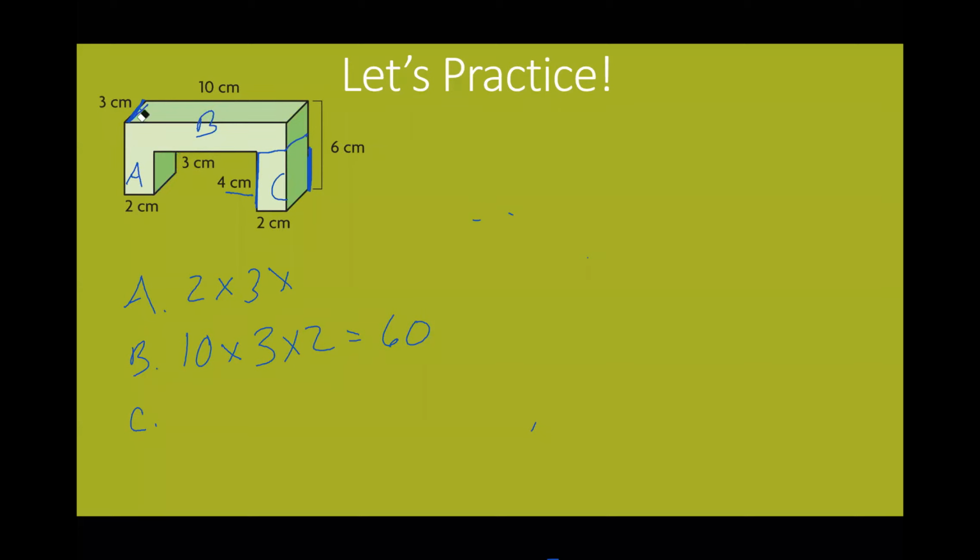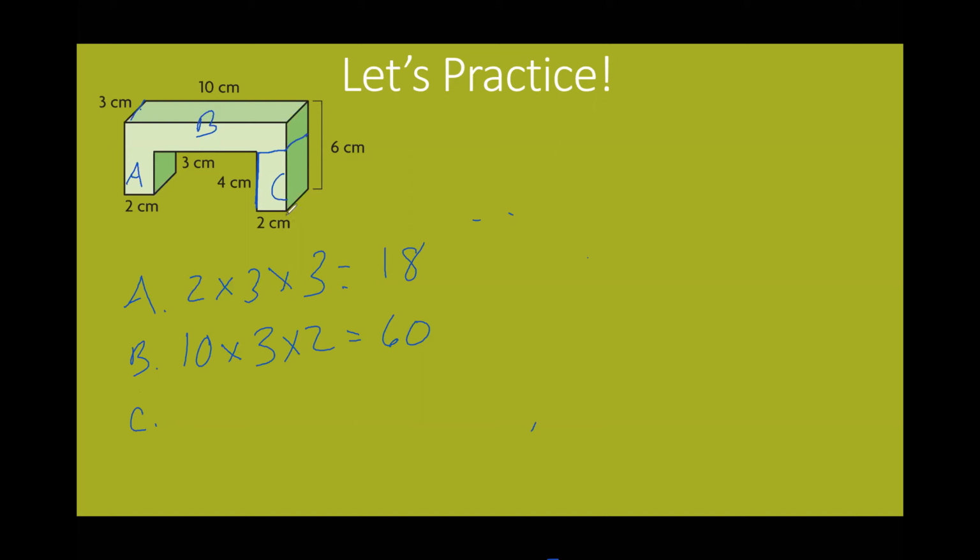Let me clear up my mess. This is clearly shorter. I think it might be 3. Let's see, I've got 2 times 3 is 6, and 6 times 3 is 18.